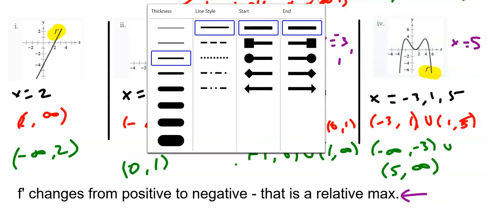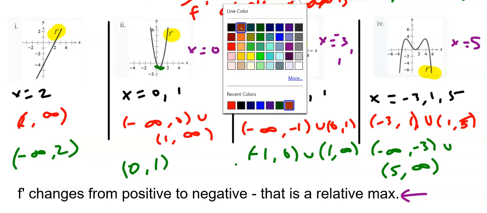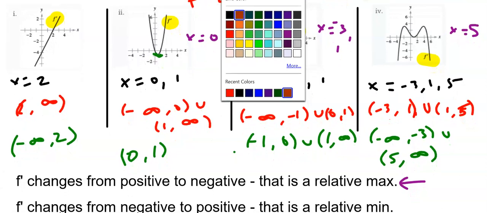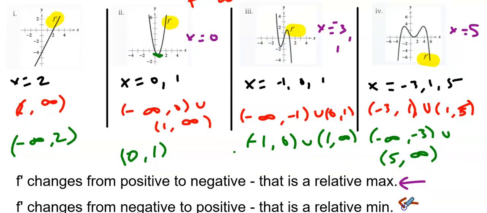Okay, the relative min is going to occur at x equals 2 on this one, because f prime changes from negative to positive. On the second graph, it's x equals just 0, 1, because f prime changes from negative to positive.